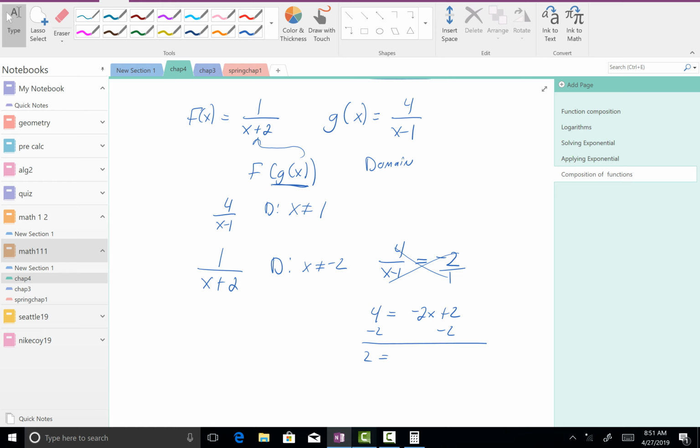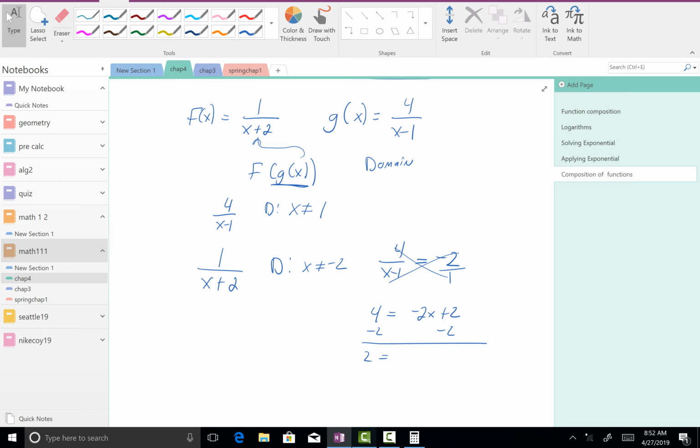So you're getting all these outputs that are coming from this, all the ranges, all the outputs. But those outputs are now going into this. So you're taking all the outputs and they're becoming inputs for this. Now we've got to say, what values aren't going to work for this?